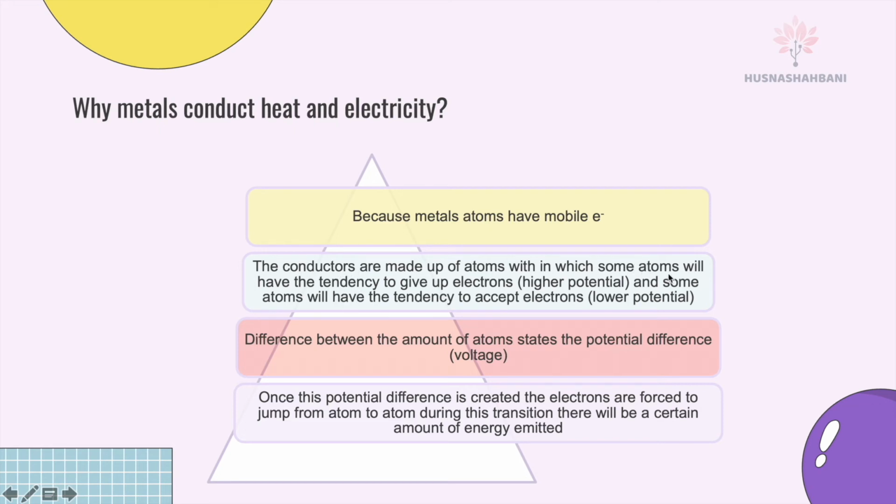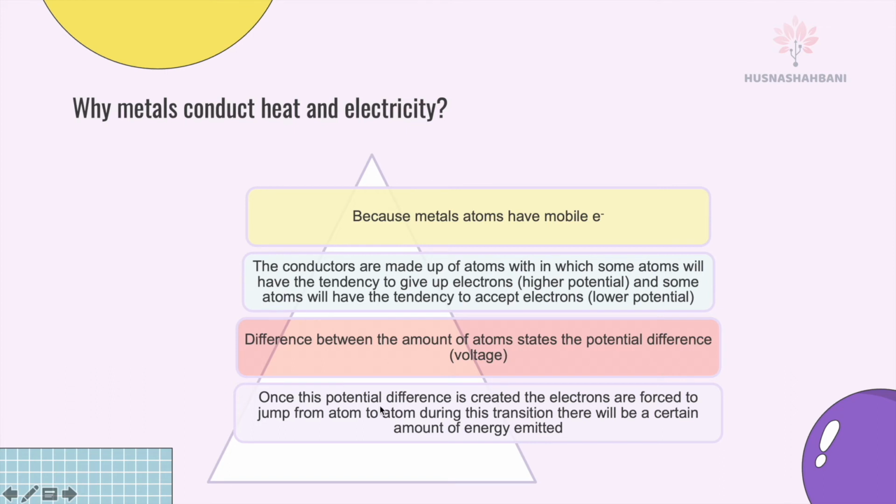Some of the atoms prefer to transfer electrons, some prefer to accept electrons. Some atoms want to accept, some want to transfer. So higher potential gives up electrons, lower potential accepts electrons. The difference between this higher and lower potential causes the voltage. Potential difference is a voltage.